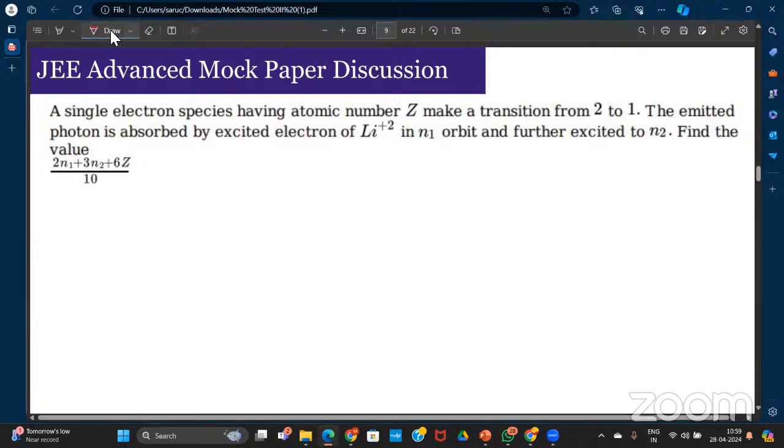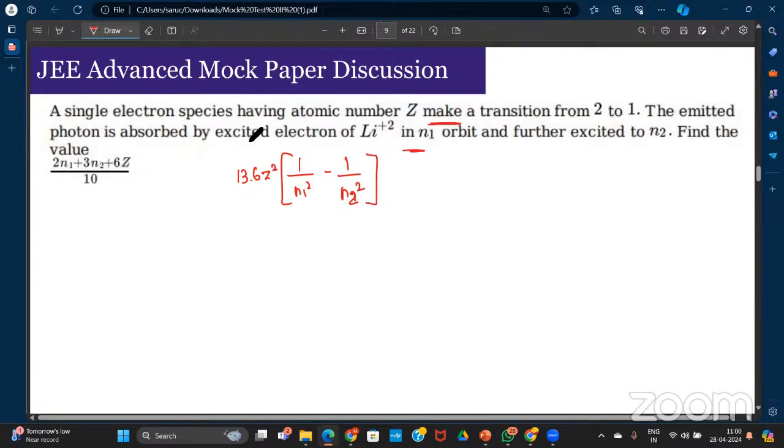So this can be solved just by using the energy of hydrogen formula. You'll be calculating the wave number using that formula. The formula is 13.6 Z squared into (1 by N1 squared minus 1 by N2 squared). So we are just going to equate these two.